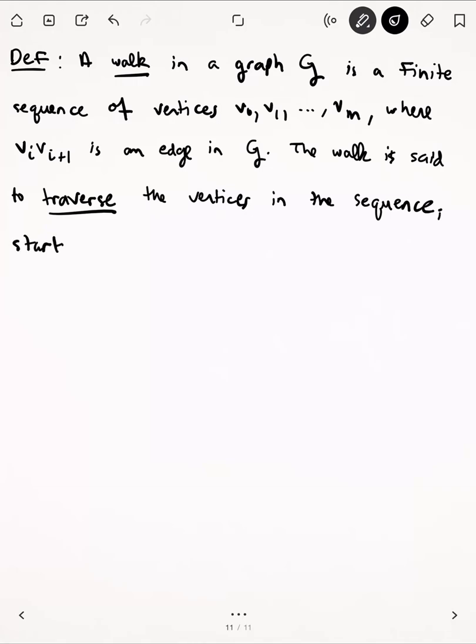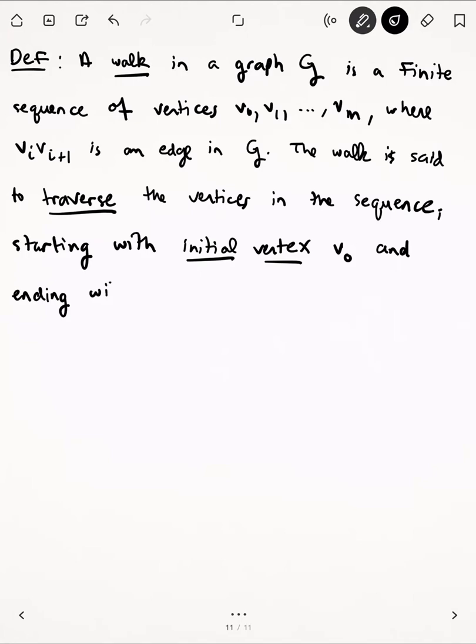Starting with initial vertex V0, okay, and ending with terminal vertex Vm.